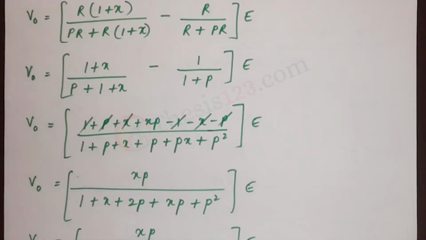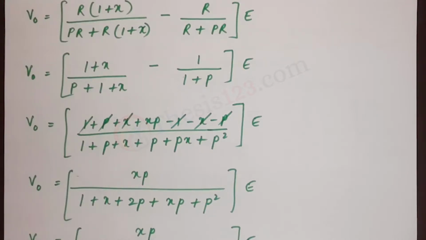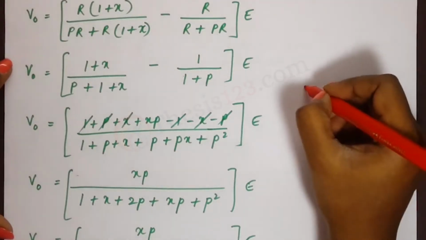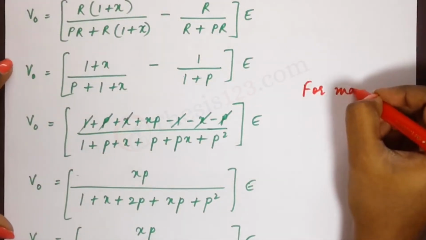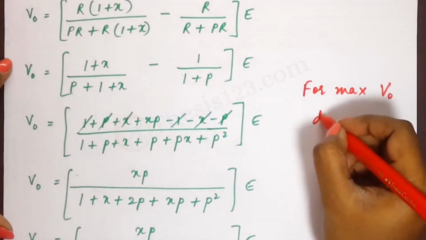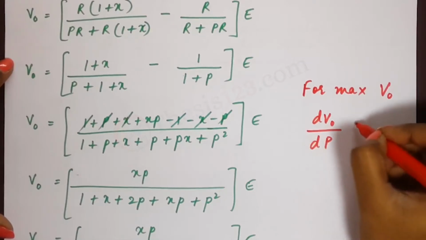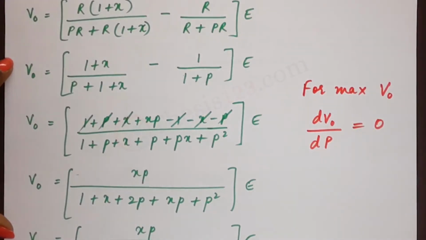Alright, so now the question says that we need to find out the value of P for a maximum value of V0. In order to find the maximum value of V0, you must always think about differentiation. So for maximum of V0, dV0 differentiation with respect to P should be equal to 0. So let's do that now in the next step.